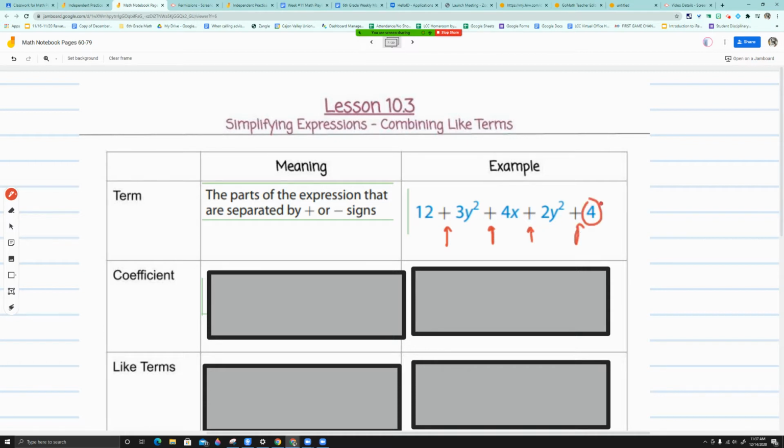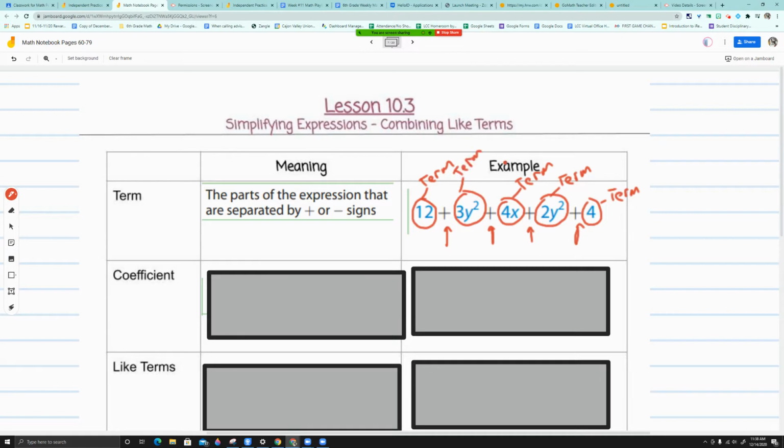So this is a term. This is a term. Guess what this is? It's a term. And this one? It's a term. You don't have to write term for all of these, ladies and gentlemen.